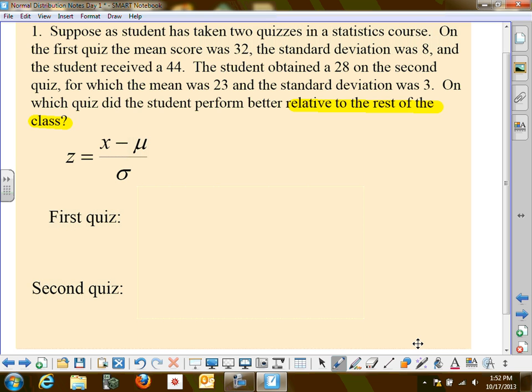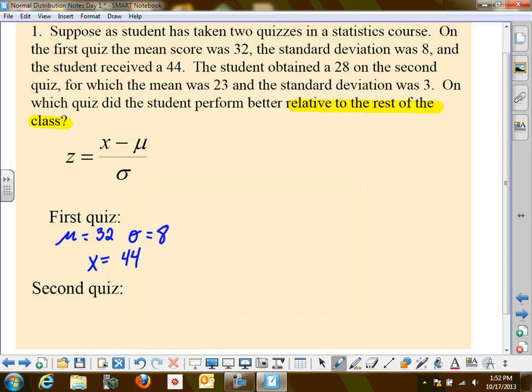On the first quiz, the mean is 32. On the first quiz, the standard deviation is 8. And this student got a score of a 44. So automatically I know that the student's score is above average. Let's see how much above average.